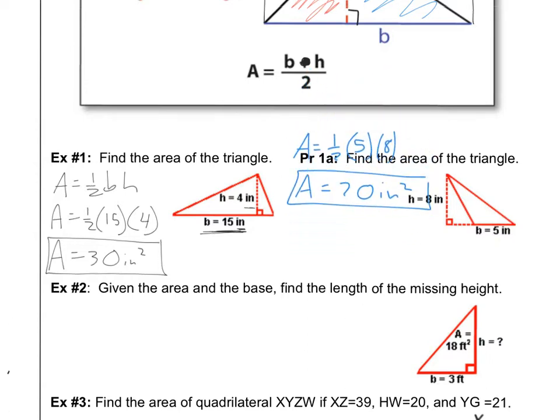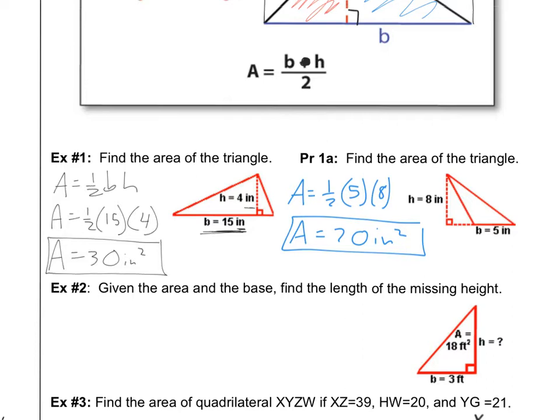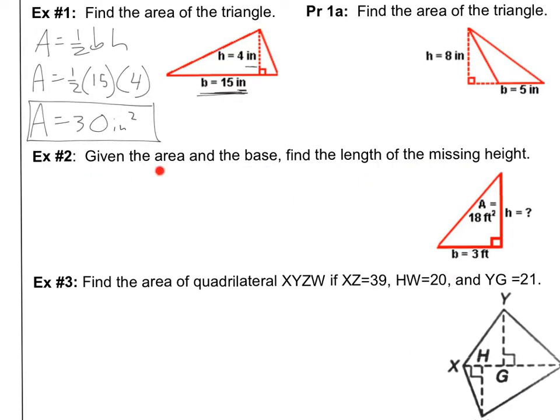Alright, let's talk about example number 2 now. In this one they say, given the area and the base, find the length of the missing height. So first let's just write the formula. The formula we know is the area equals 1/2 the base times the height. Well, we know now that the area is 18 feet squared, so we could just plug that in. 1/2, the base is 3 feet, and the height, that's what we don't know, so let's just leave that as h.